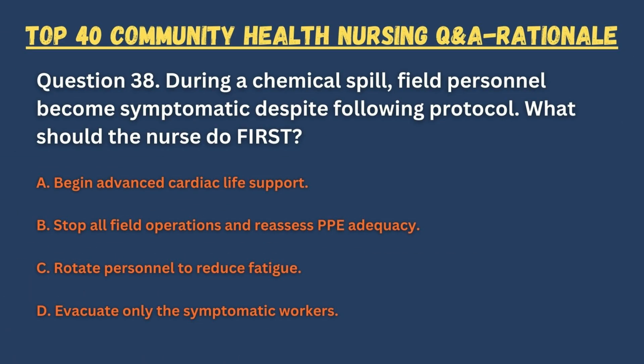Question 38. During a chemical spill, field personnel become symptomatic despite following protocol. What should the nurse do first? A. Begin advanced cardiac life support. B. Stop all field operations and reassess PPE adequacy. C. Rotate personnel to reduce fatigue. D. Evacuate only the symptomatic workers.